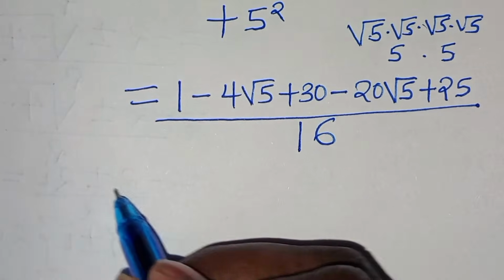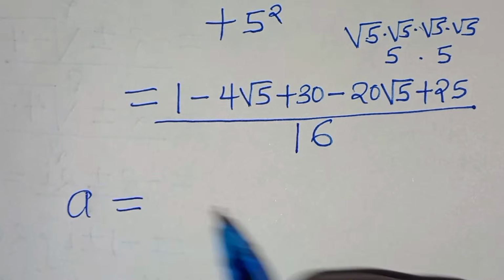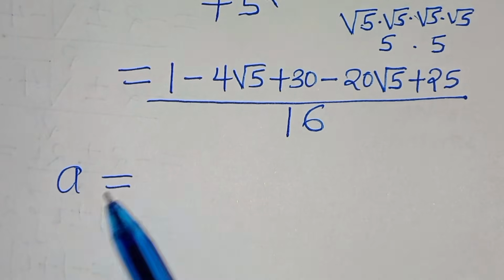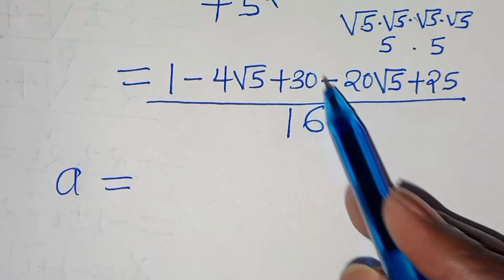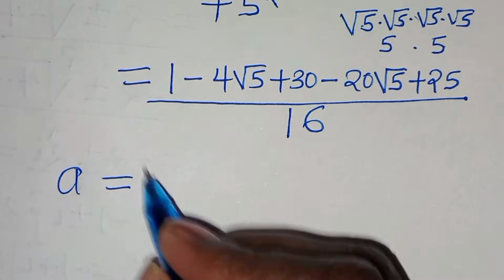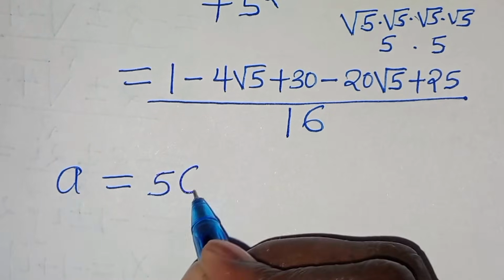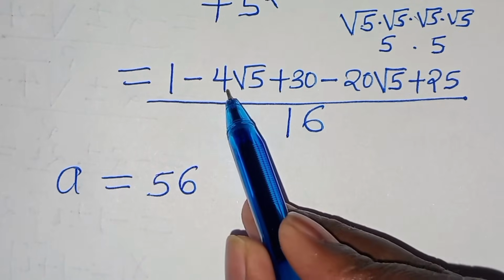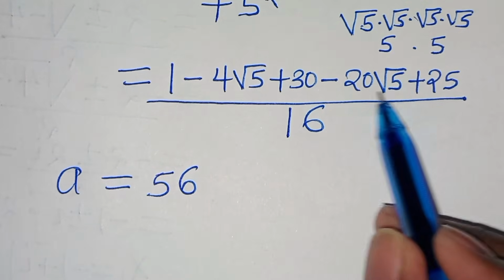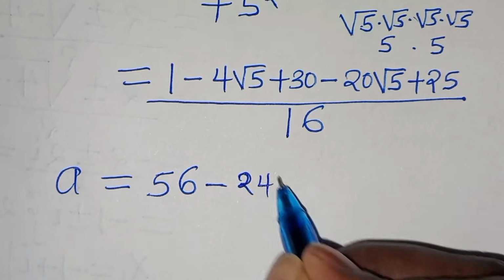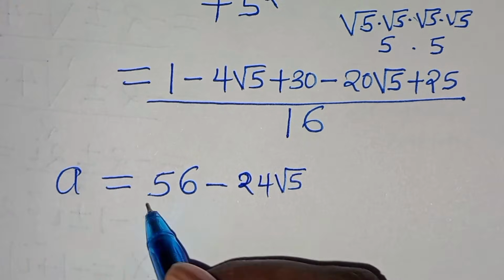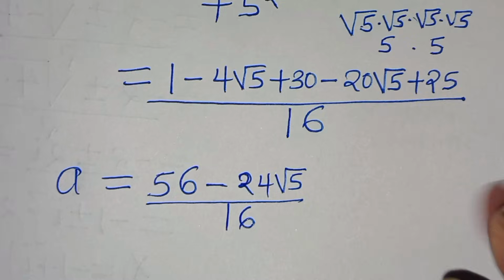So we have that a is equal to, this is 1 plus 30, this is 31 plus 25, this is equal to 56. Then we have minus 4 square root of 5 minus 20 square root of 5, this is minus 24 square root of 5 divided by 16.